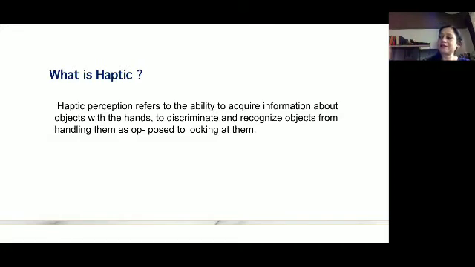Now, suppose a child is given, for example, something like the sketch pen. So the ability to acquire information about the object with the hands, to discriminate and recognize the objects from handling them as opposed to looking at them.